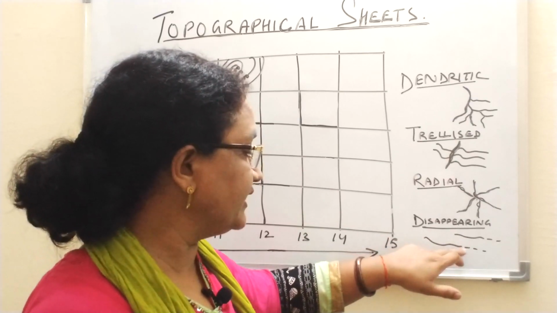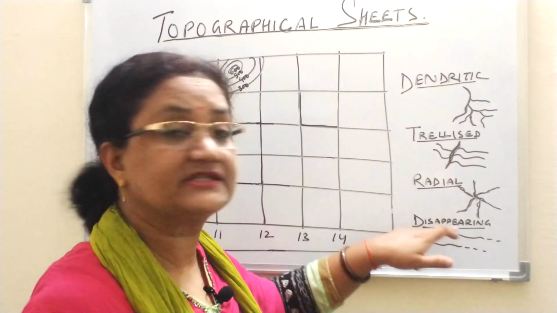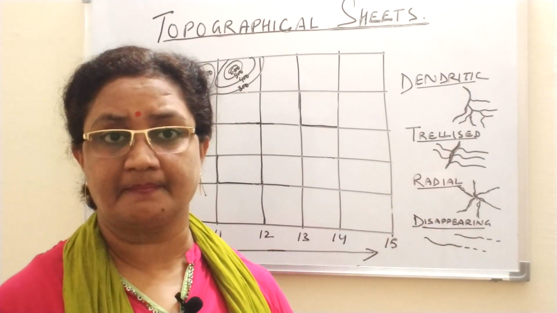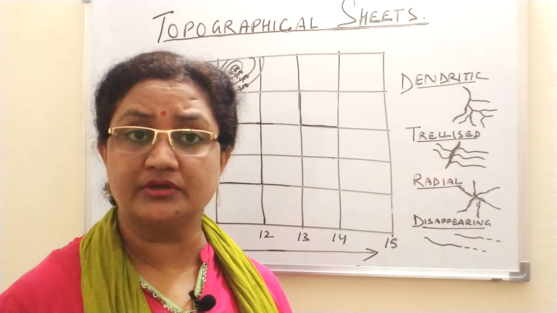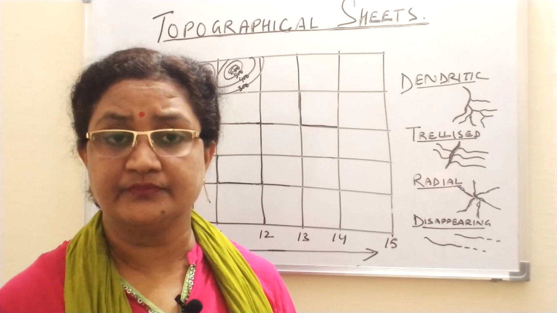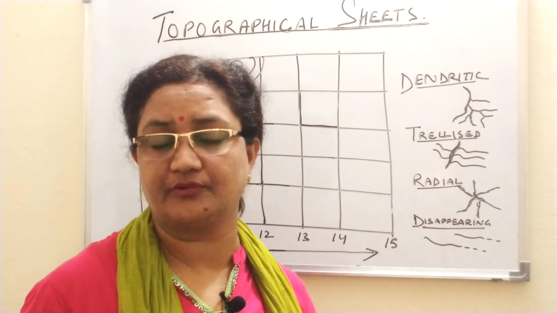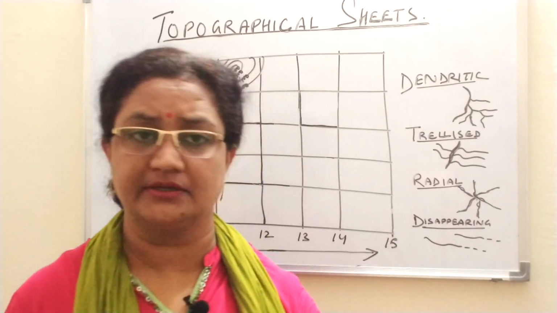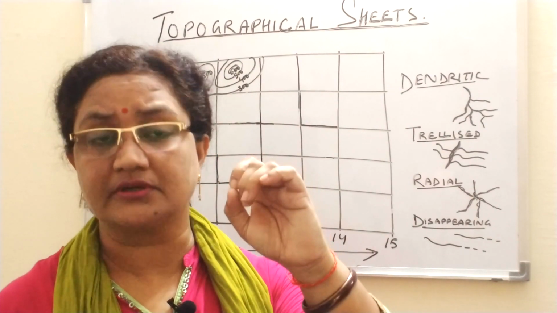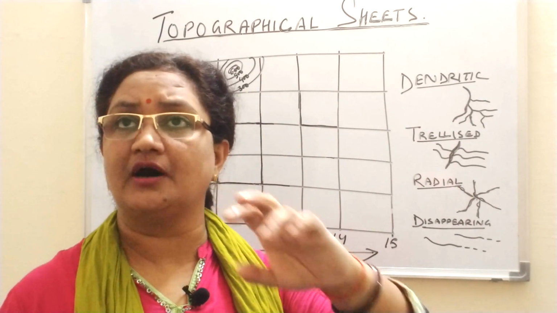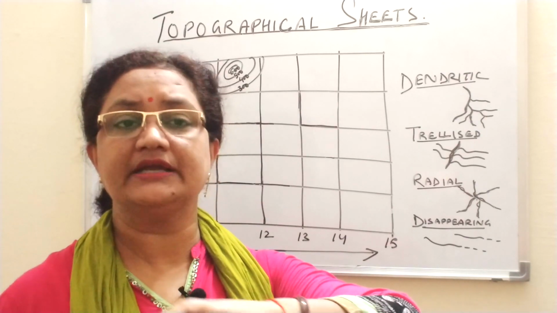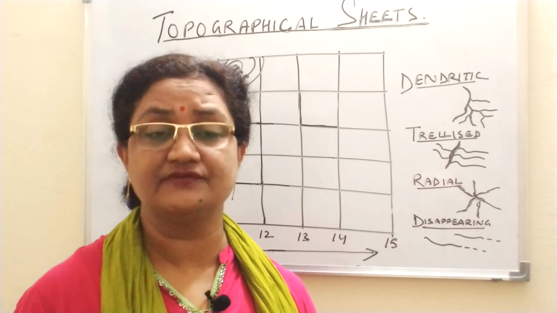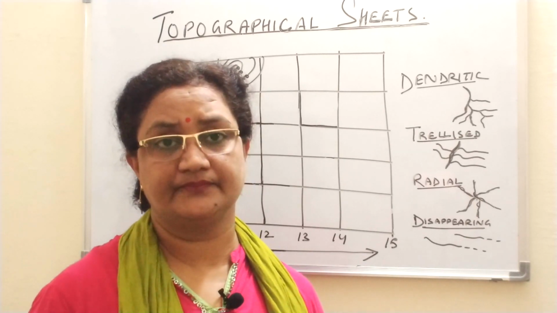So this has made it to be called a disappearing stream, which disappears at times. It is also called underground, also called intermittent. These are the various names of this type of drainage pattern, we can say, but generally it is not taken as a pattern. It is a feature of the river, generally found in areas of very dry condition, or where the rainfall received is very scanty.